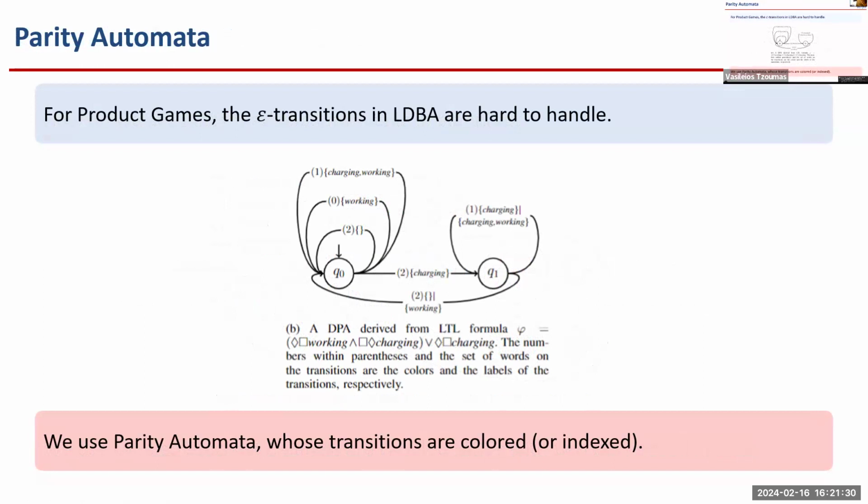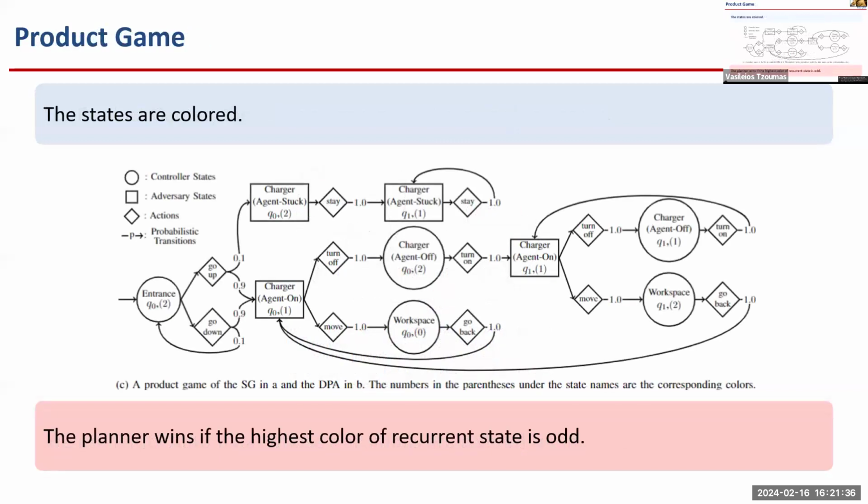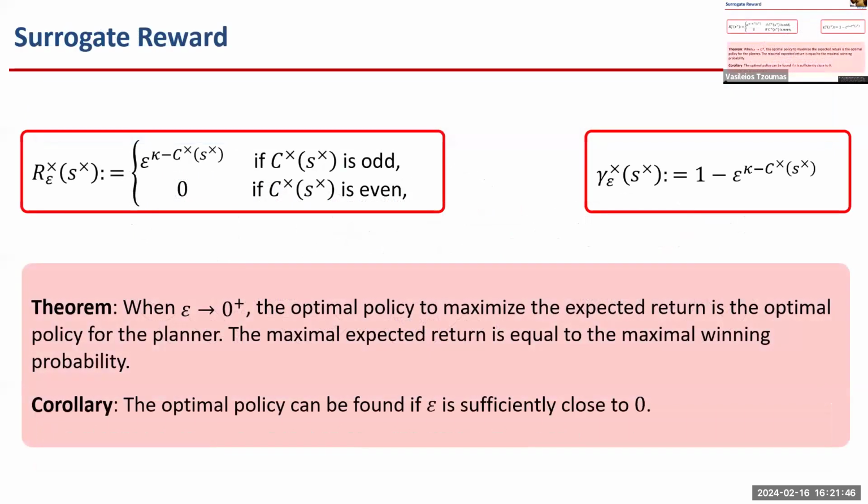Here you should use a different type of automata called deterministic parity automata. You can do the same product approach and convert it into a game where you try to control what the recurrent states are. And finally, you can convert that recurrence into a reward that looks like this, which is much more complicated.